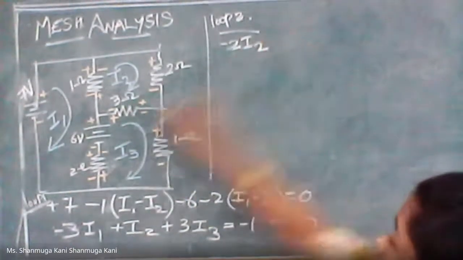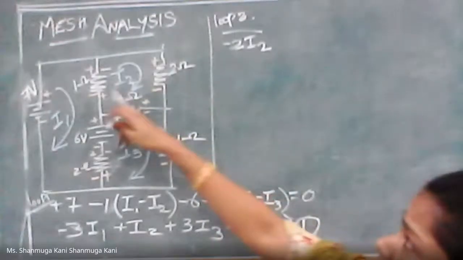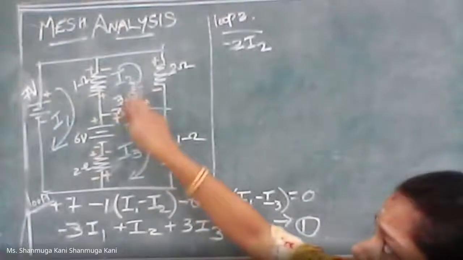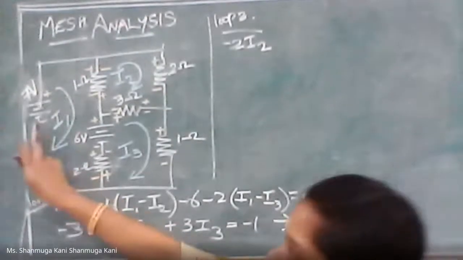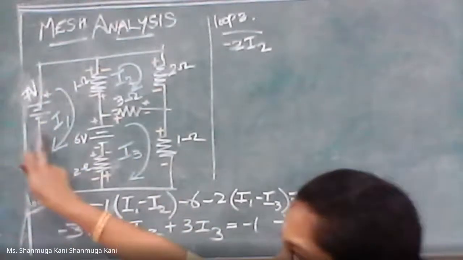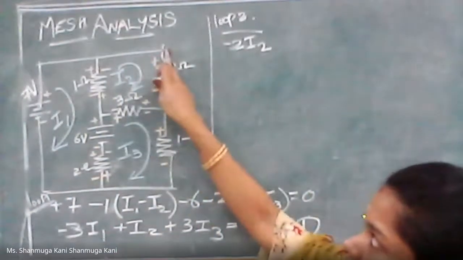Then for the 3 ohm resistor, what is the leading sign? Minus. Can we start from the 2 ohm, ma'am? You can start from anywhere; the starting and ending point should be the same. If we start here, we complete the loop and come back here.